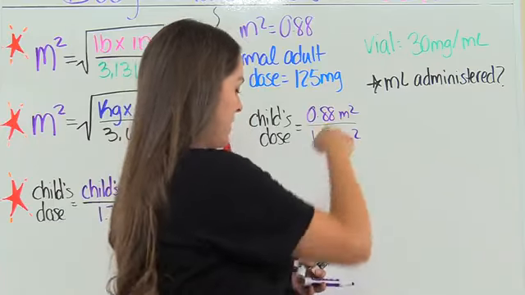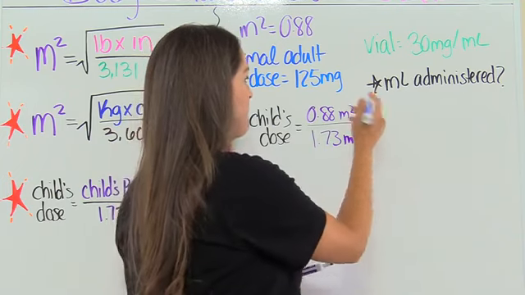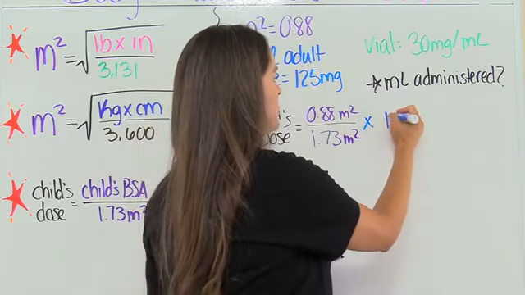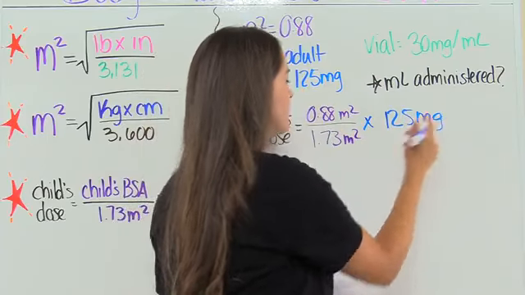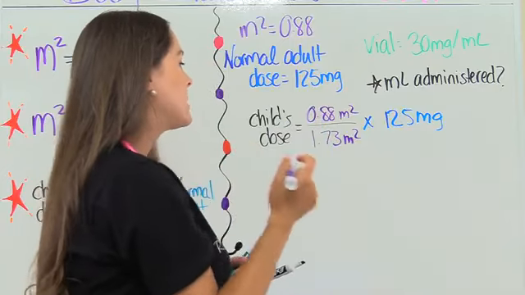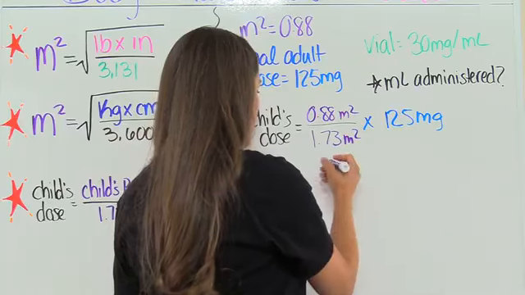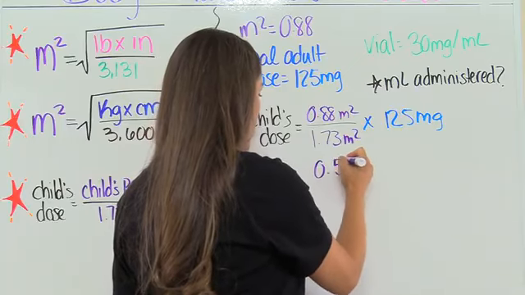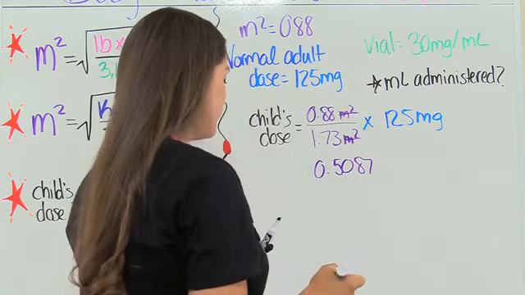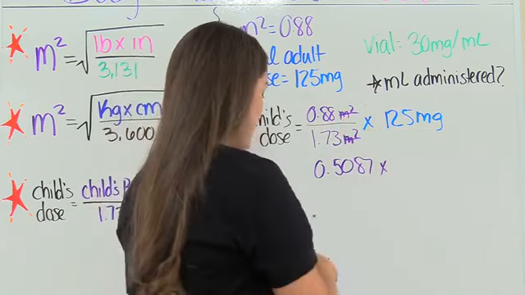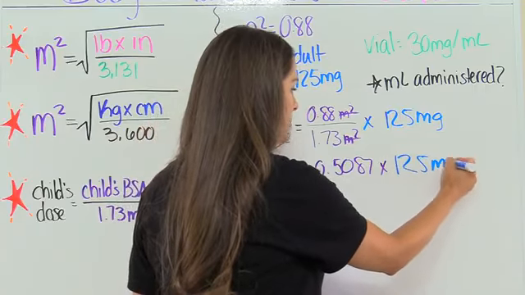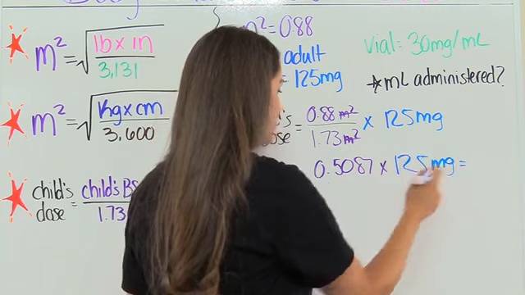And then whenever we divide that out, we're going to multiply by that normal adult dose, which the problem tells us is 125 milligrams. So let's go ahead and do that. So 0.88 divided by 1.73 gives us 0.5087. That cancels out the square meter. And then we're going to multiply this number by 125 milligrams. And this is going to give us the child dose.